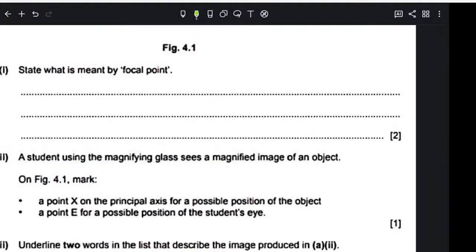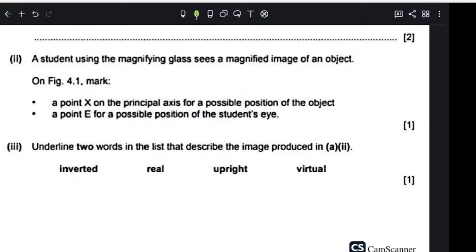It is the place where all the rays converge, rays that are parallel to the principal axis. You can define this, eh? Write the definition. I gave you just now 2 points.